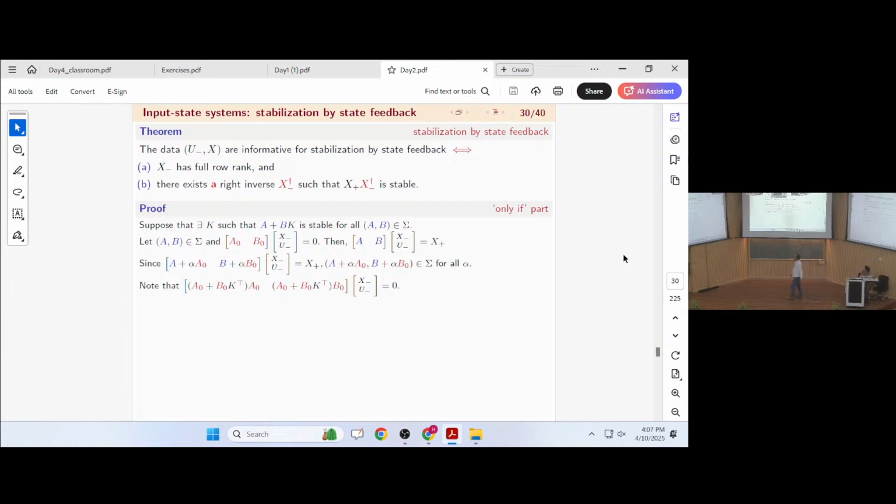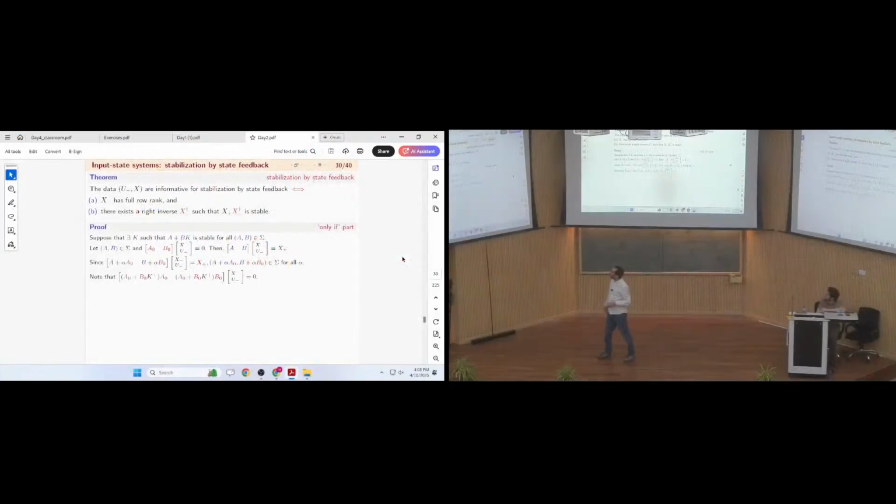And now, by the way, I corrected the slides, but this is an older version. A transpose needs to be on top of the parentheses. Now I multiply A0, B0 by A0 plus B0K all the way transpose. It satisfies the property A0, B0 satisfies.